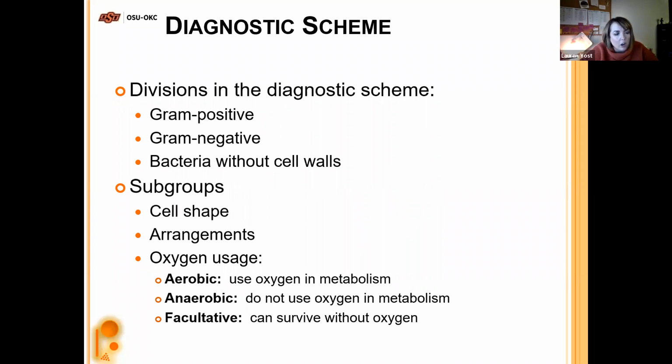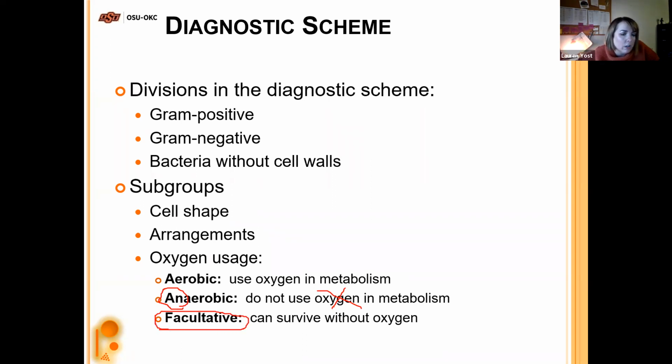And then we have oxygen usage. Does it grow in oxygen? If it needs oxygen to live, it's aerobic. It has to have oxygen. If it's anaerobic, think of the an as being like no aerobic, no air. Does not use oxygen. And if it's facultative, just think of it as it can facilitate both.